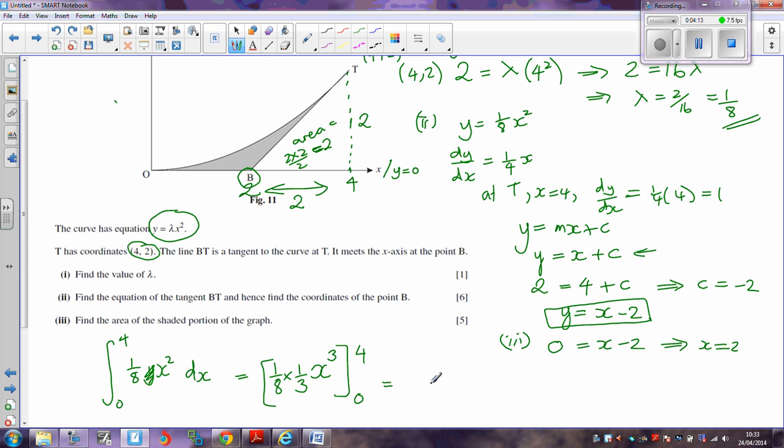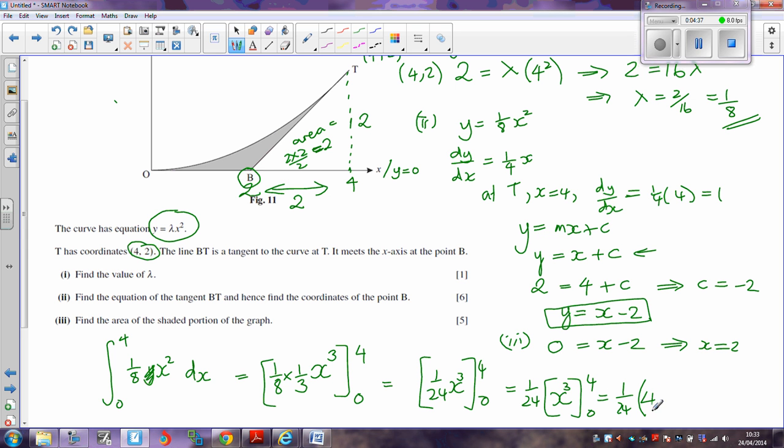So I've now got to substitute into 1/24 x cubed from 0 to 4. And to make my life a little bit easier, I can take out that 24th and just have here x cubed from 0 to 4. So to substitute in then 1/24, I first of all substitute in the upper limit.